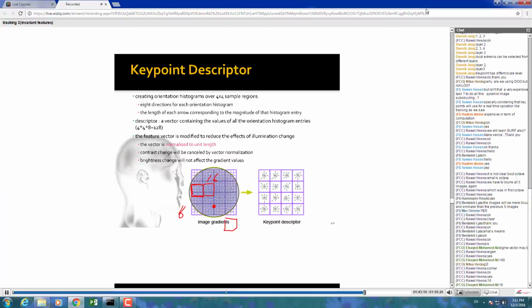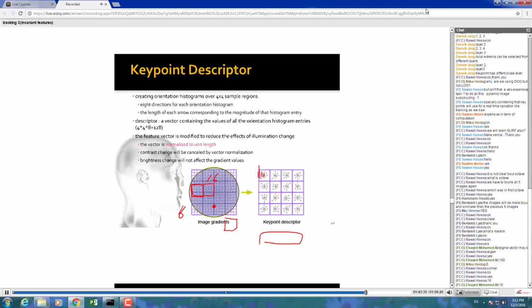So for every cell, for 16 pixels, we are calculating the angle of every pixel using the edge angle calculation. Then we construct a histogram.